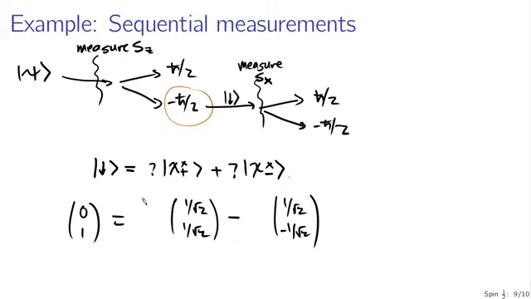And as before, what you should expect to see when you do normalizations like this is 1 over root 2's appearing. The 1 over root 2 in the probability context is going to get squared and become a half.